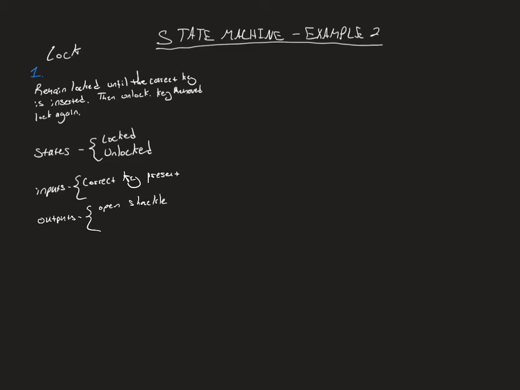The shackle is the metal part of the lock that goes up and through whatever it is you're locking, right? So if we want to unlock, we're going to open the shackle. When we want to lock, we're going to close the shackle. So that's our outputs. Open shackle and close shackle. Step 2 done.